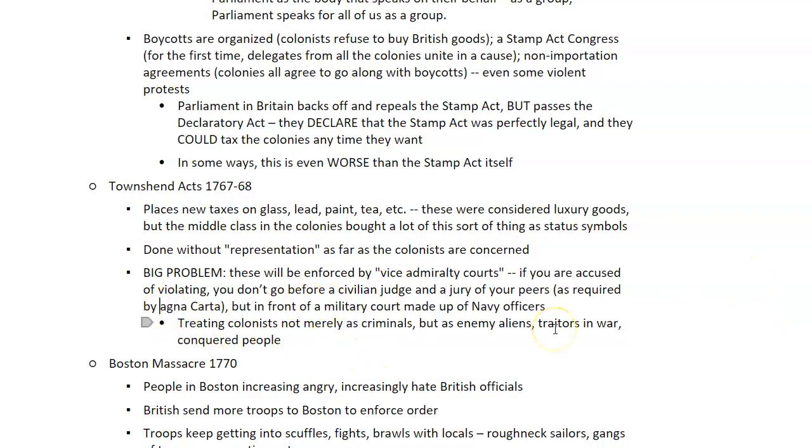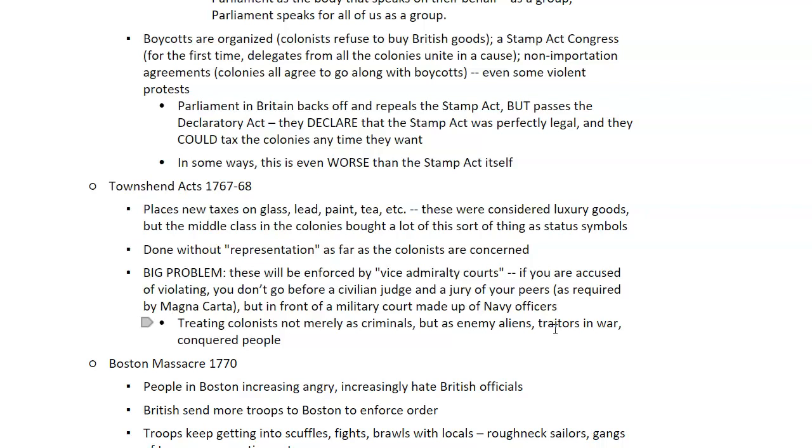You go in front of a military court made up of Navy officers. And you don't have the same rights in that court as you do in a regular civilian court. So the Townshend Acts were really treating colonists not merely as criminals, but as enemy aliens, traitors in war, a conquered people, not like fellow Englishmen.